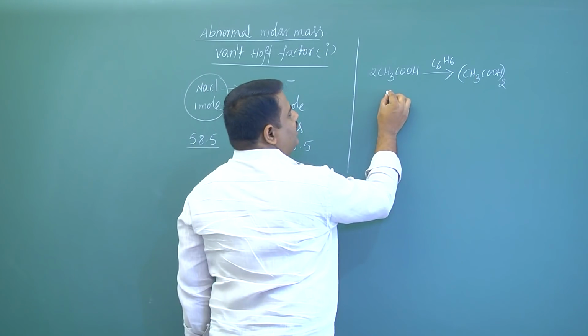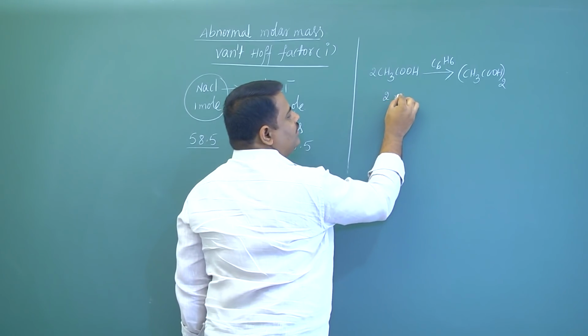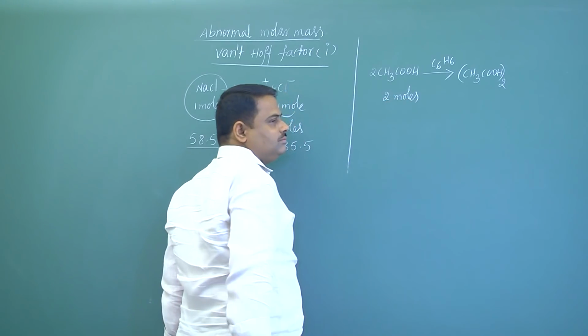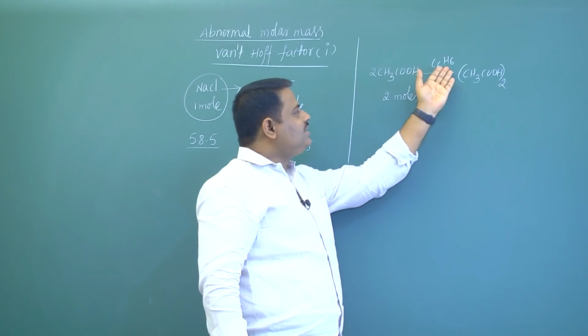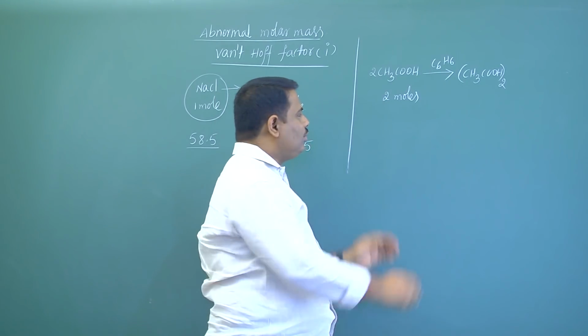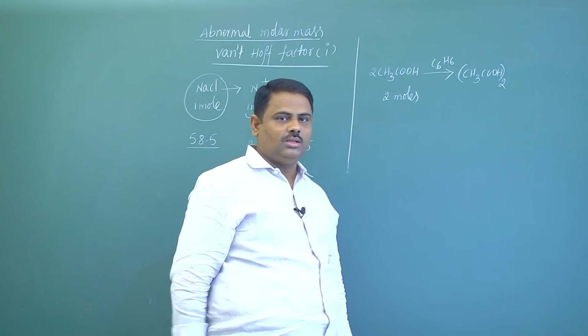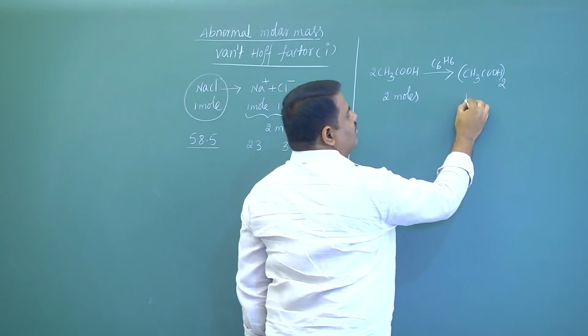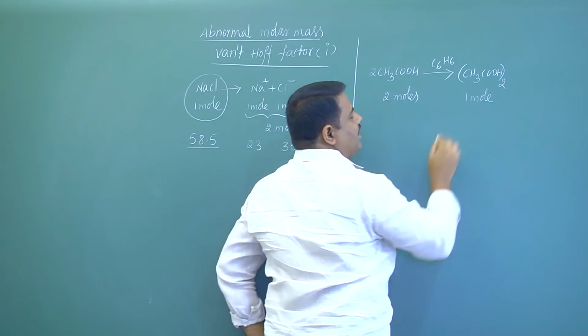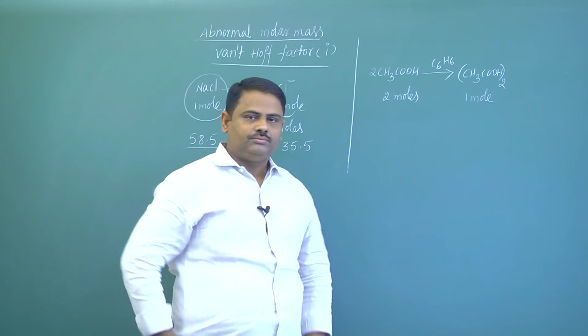Here initially 2 moles of solute you are taking and it is added to benzene. Here both undergo association, then you are getting 1 mole of molecules only, or 1 mole of particles.